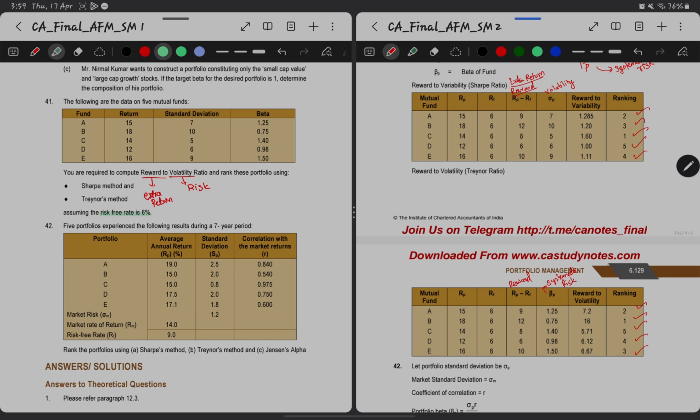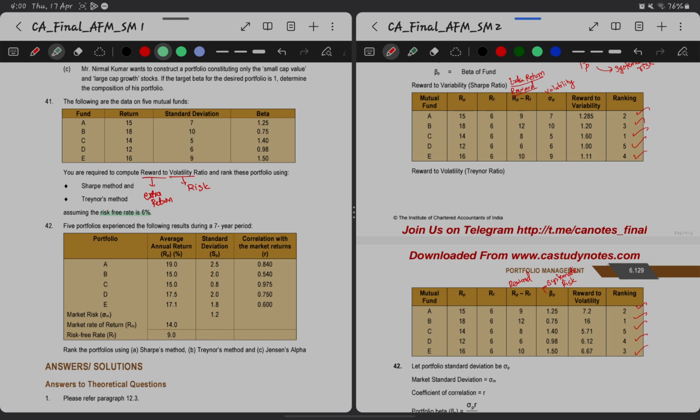So as we can see from the above, if we compare the values using Sharpe model, mutual fund C takes the first place. But in case of Treynor's ratio, C is taking the fifth place. It is ultimately going to the last. This is because the systematic portion of the risk is too high.